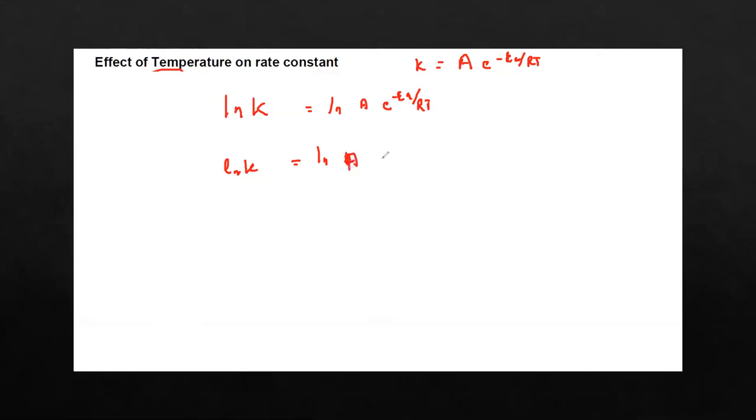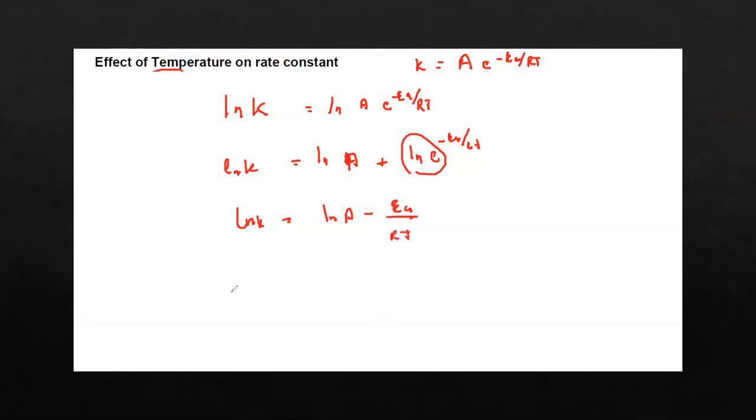So it is ln A plus ln e to the power of minus Ea over RT. And ln and anti-log are inverse functions, so they cancel each other out. So it will become ln k is equal to ln A minus Ea over RT.